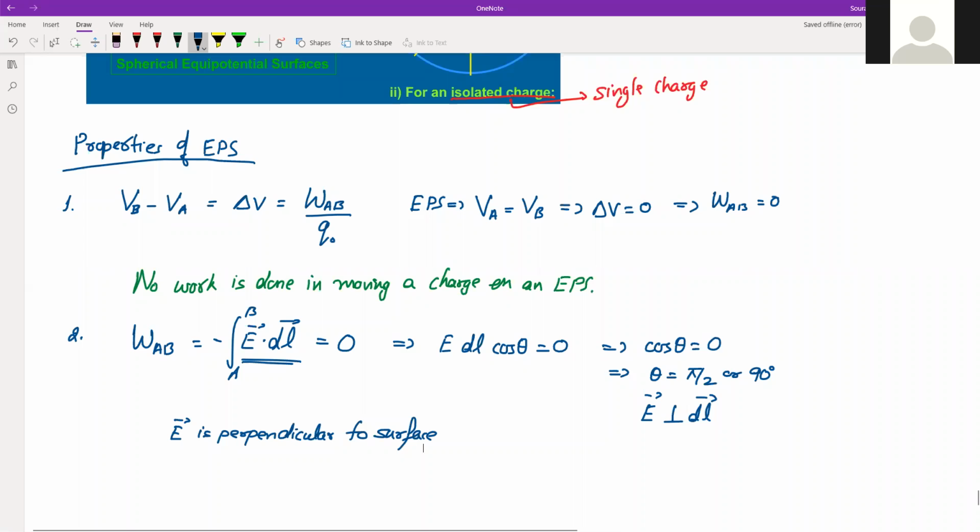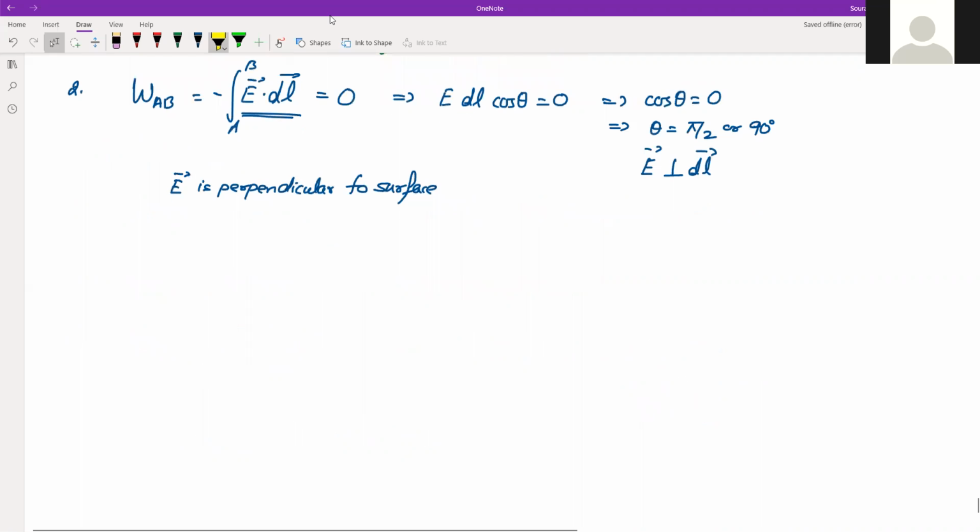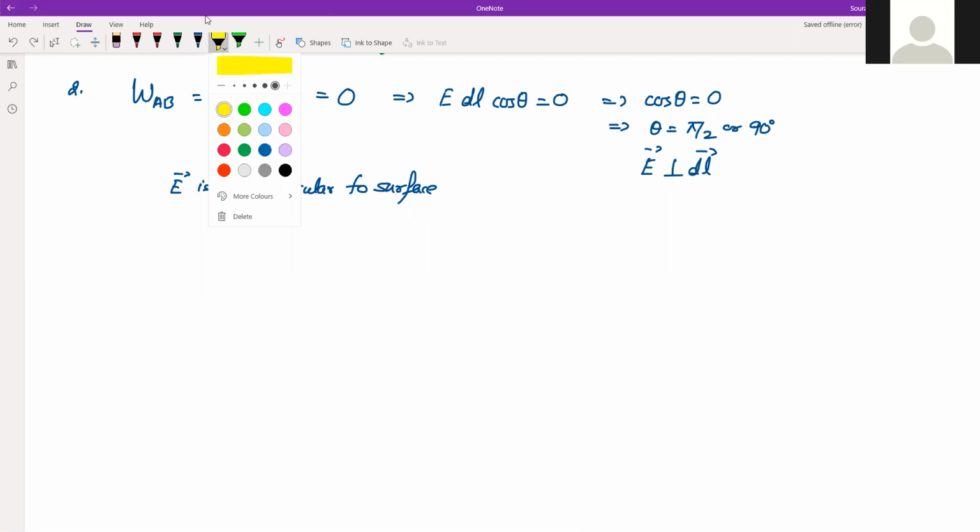Or the angle between E and dl is 90 degrees. Okay, so that was our second property, that the electric field is perpendicular to dl.